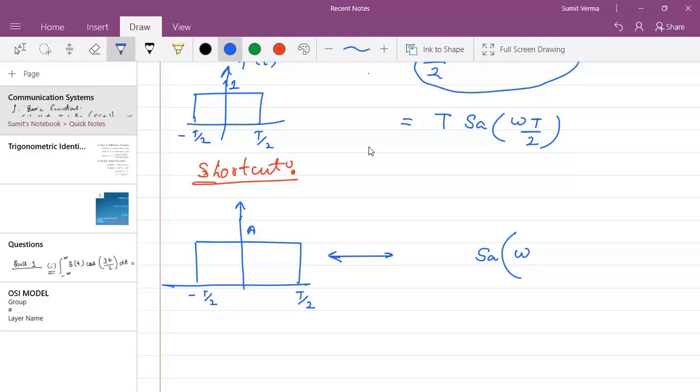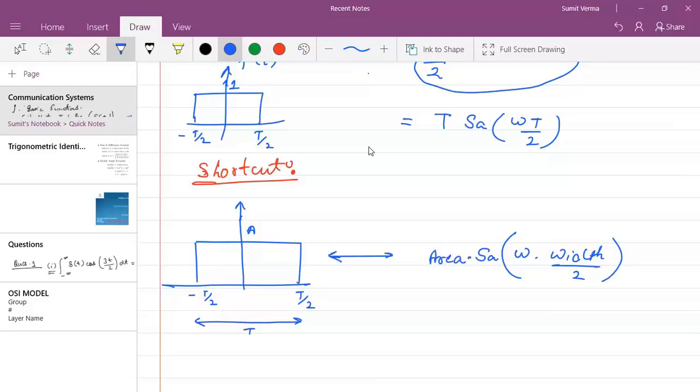So now how to get this t by 2? Basically, if you see the width of this gate pulse, it is t. So you can directly write it as omega into width by 2. So if you do width by 2, you get t by 2 here. And what is the factor that you will get here? The factor would be the area.